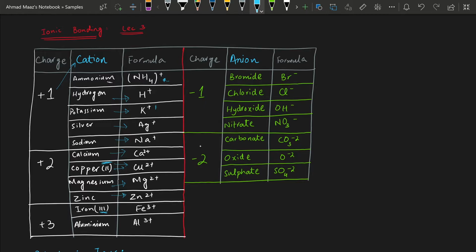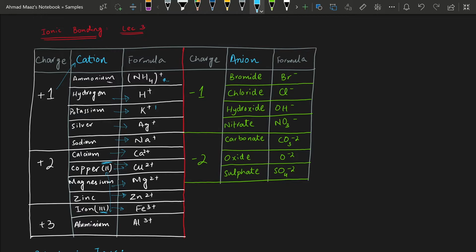Now this is 3. Iron 3 means that the iron that is being discussed has a valency of positive 3. There is also iron 2, which means the iron that is being used has a valency of plus 2. These transition elements usually have their valency written with them, because they have variable oxidation states, they have variable valencies.